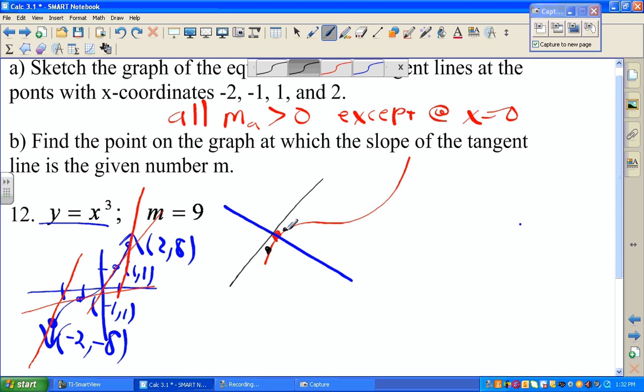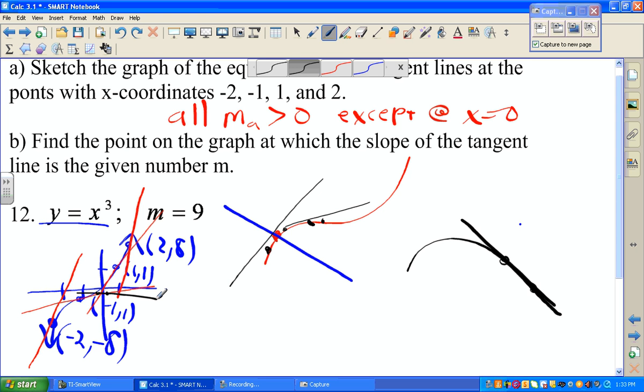So anytime the y's are increasing, even just a little bit, it's going to be positive slope. It's when the y's are going down. If the y's are decreasing, that would be a negative slope. Okay? So you can look at the y's, or you can look at the curve itself. Now the reason I said that about 0 is because on both sides of 0 it's kind of flat and goes straight across.